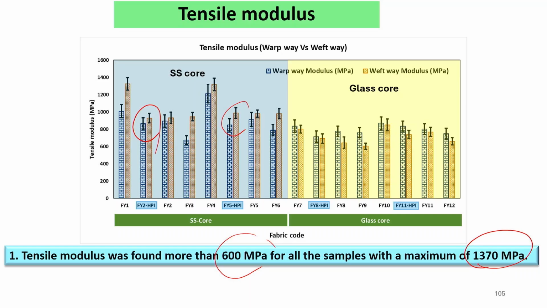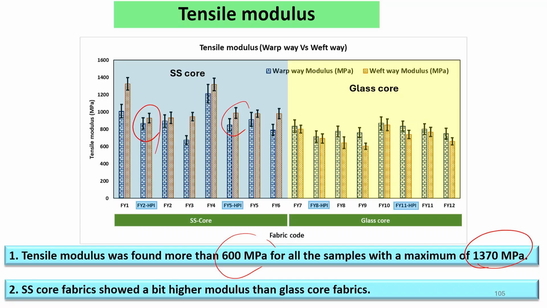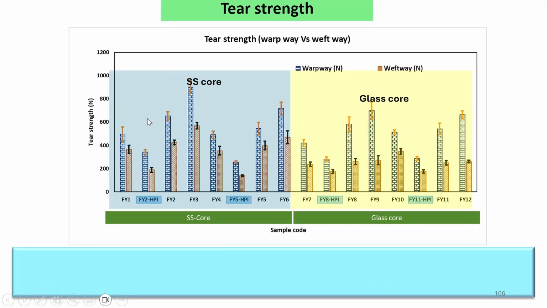So, this tensile modulus was very high. SS core fabrics show a bit higher modulus than the glass core, a little bit higher, but these are in an acceptable range.